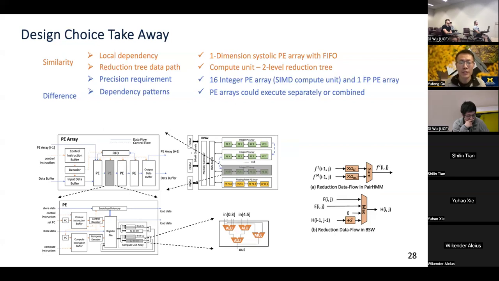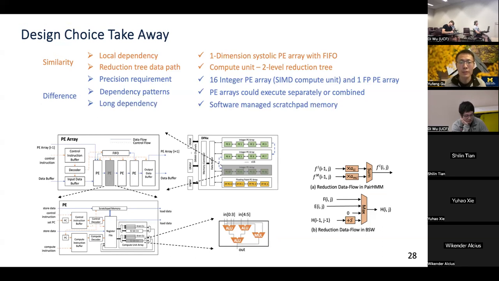The second difference is the dependency pattern. So we combine the 16 integer P arrays, concatenating one after the other to form a larger array, in order to support both 2-dimension and 1-dimension DP tables.